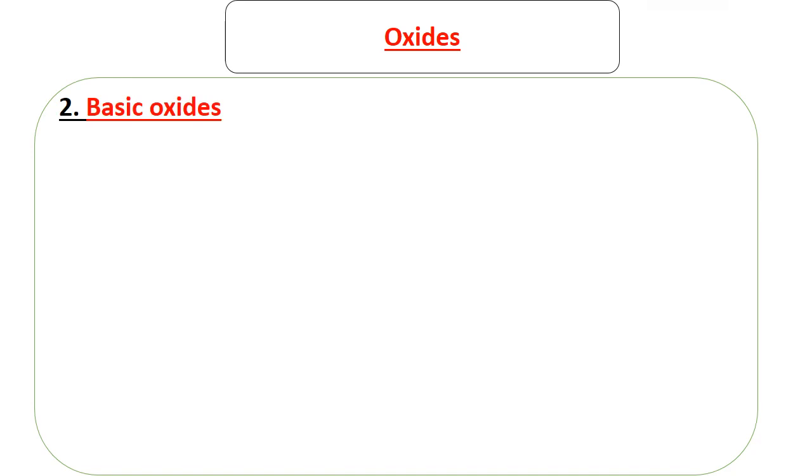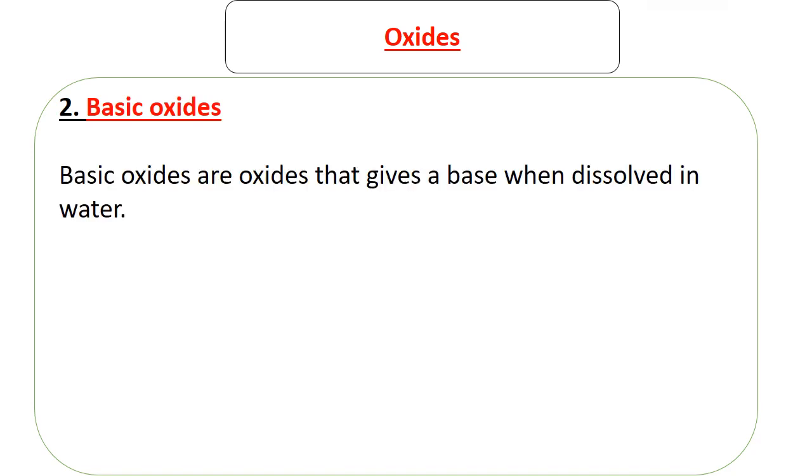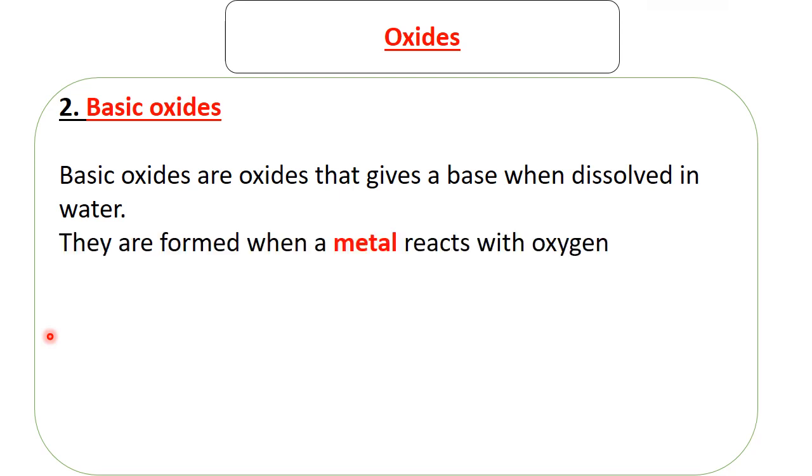The second type of oxides are called basic oxides, which are oxides that give a base or an alkali when dissolved in water. So if you have an oxide, you dissolve it in water, and it gives you an alkali or a base, then that oxide is a basic oxide. They are formed when a metal reacts with oxygen.